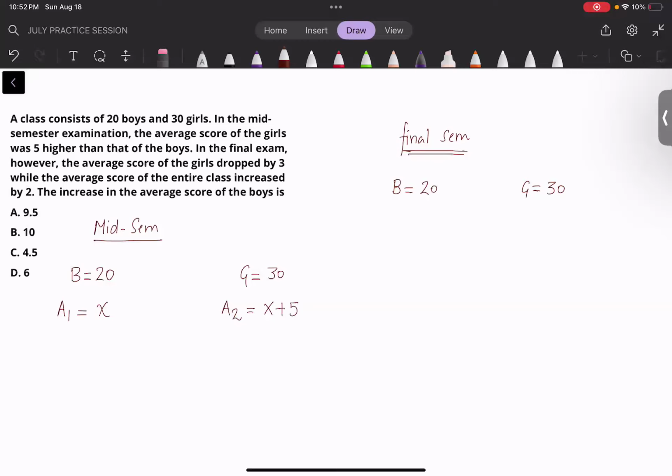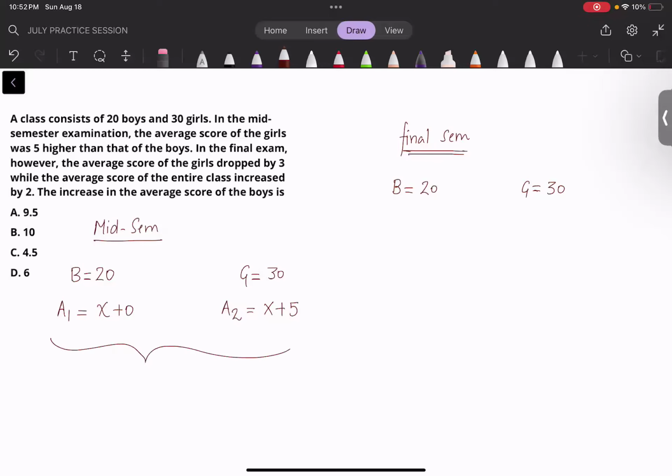5 higher than the boys. Okay. Now, it will be sufficient. So X plus 5. Now, just for simplicity, take this as X plus 0, X plus 5.